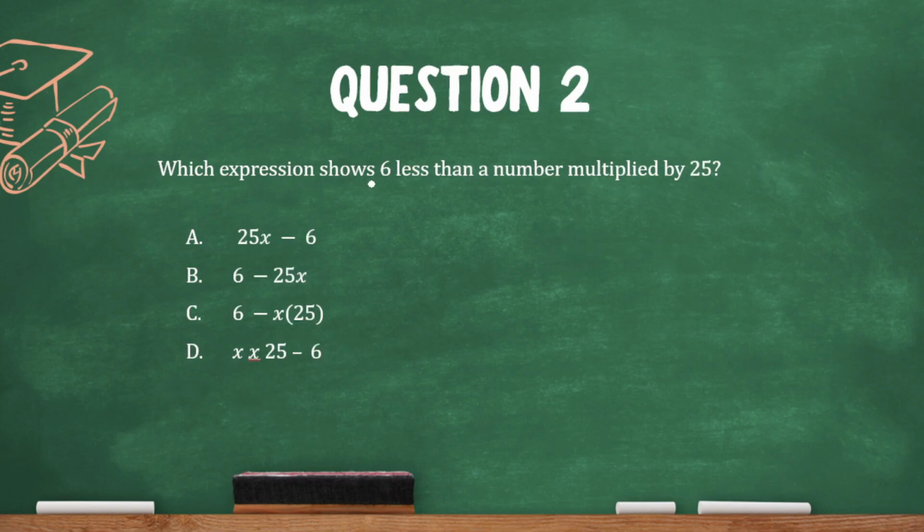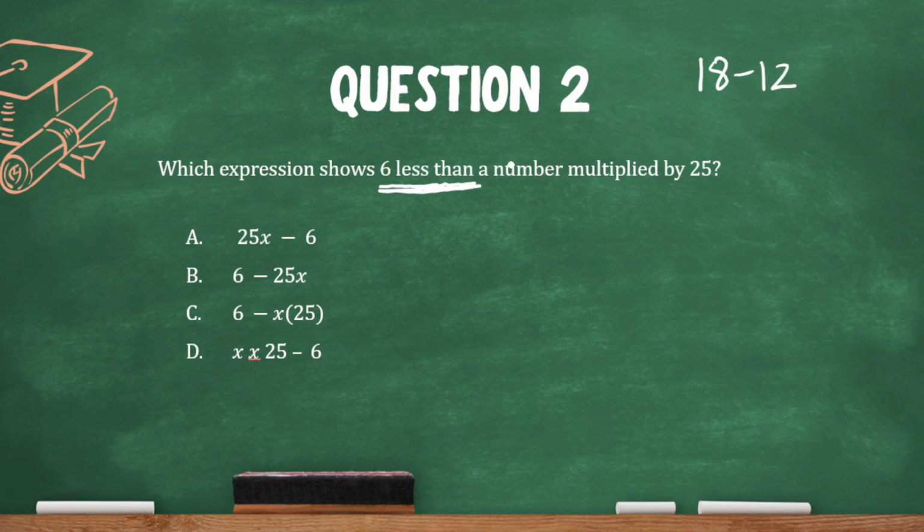Number 2, which expression shows 6 less than a number multiplied by 25? So 6 less than means that we're going to be subtracting 6 from something, right? Like if we have 12 less than 18, that would be 18 minus 12.